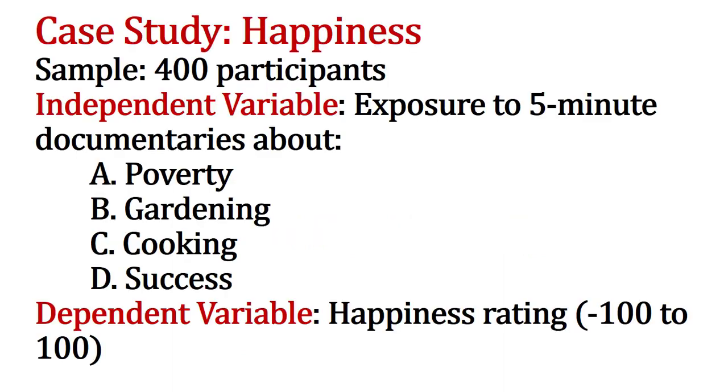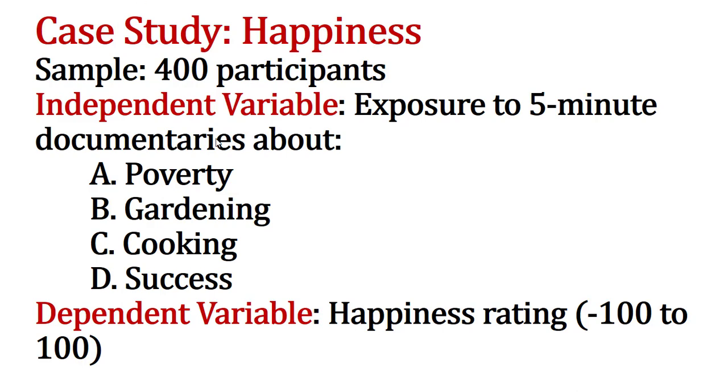Okay, let's start with the between subjects design. In this case study, we've got 400 participants. The independent variable is exposure to 5-minute documentaries, and because I'm using 5-minute documentaries as an operationalization, I'm going to call this variable documentary from now on.